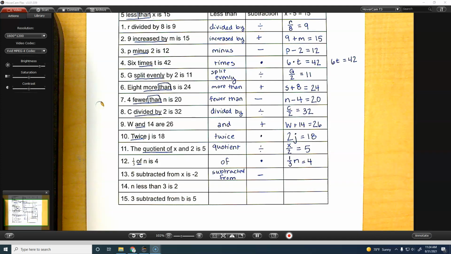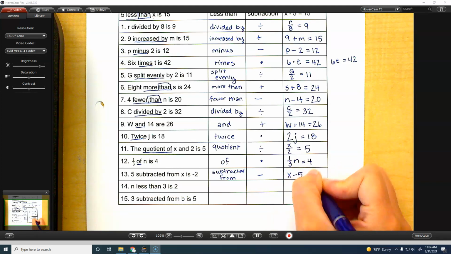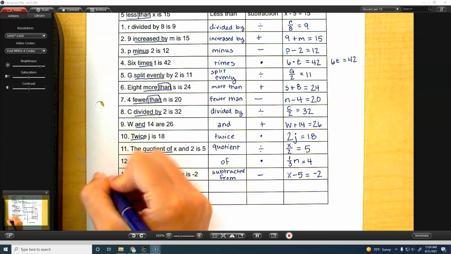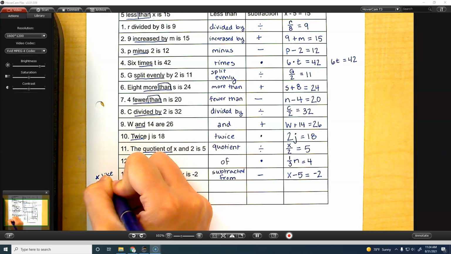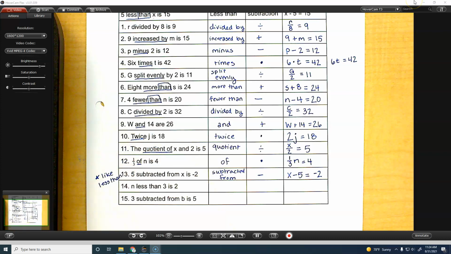Which one comes first, the 5 or the x? The x is going to be first. X minus 5 equals negative 2. So you might want to put your little note right here. This is like less than. All right, you're going to switch the order of that.